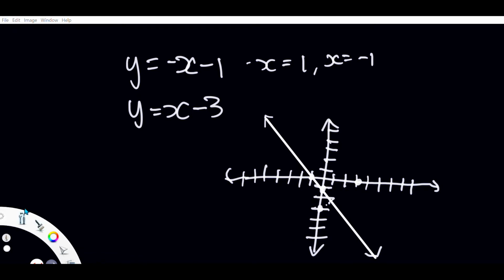Now let's draw another line. We have one point over here and one point over here. And now we can graph our second line.